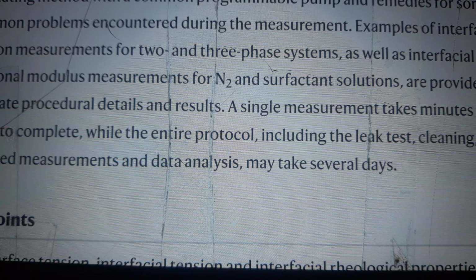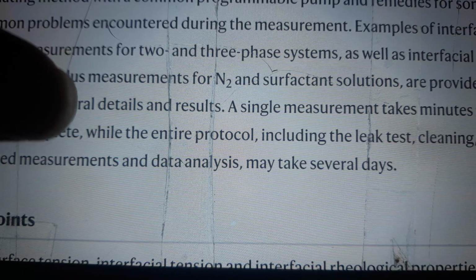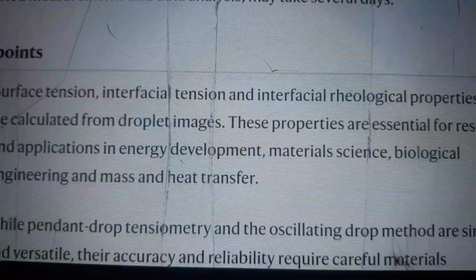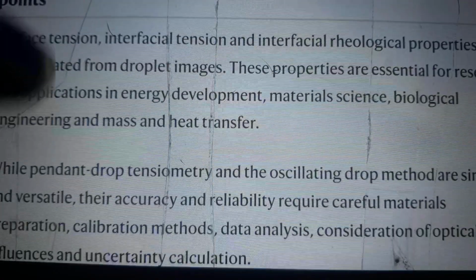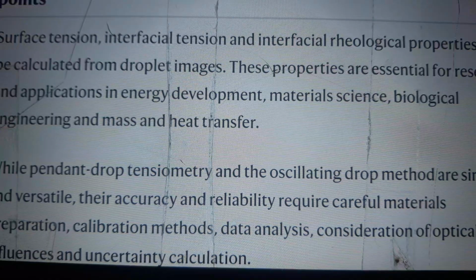A single measurement takes minutes to hours to complete, while the entire protocol, including the leak test, cleaning, repeated measurements, and data analysis, may take several days. Well, the key points of this: surface tension, interfacial tension, and interfacial rheological properties can be calculated from droplet images.